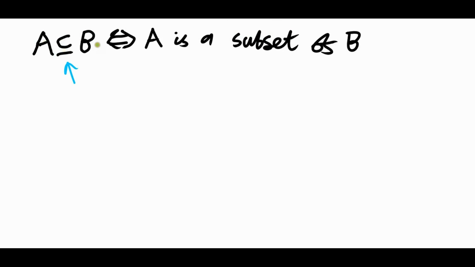And also I use this kind of two-way arrow here. You can think of this as meaning if and only if. The arrow to the right says that the statement on the left implies the statement on the right, and the arrow pointing to the left says that the statement on the right implies the statement on the left.